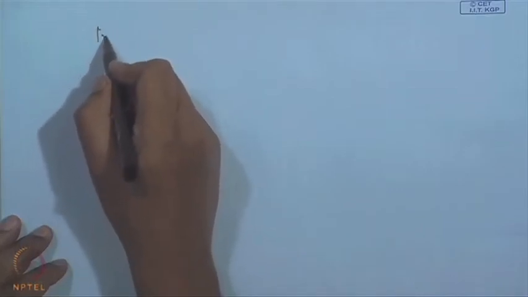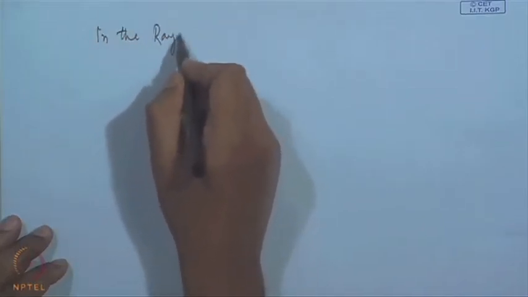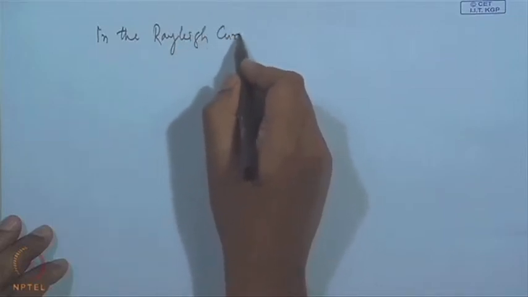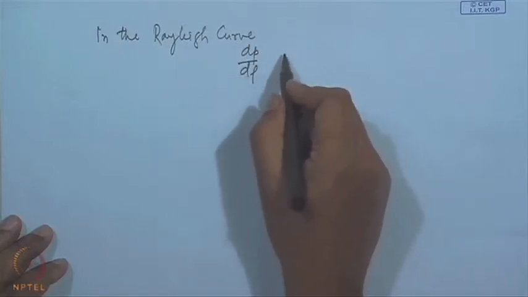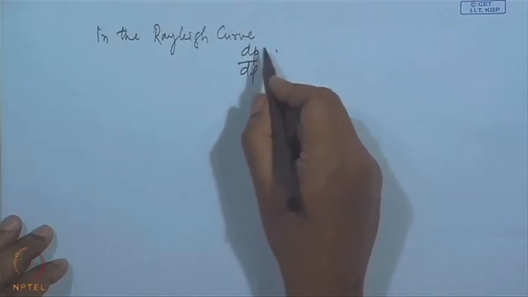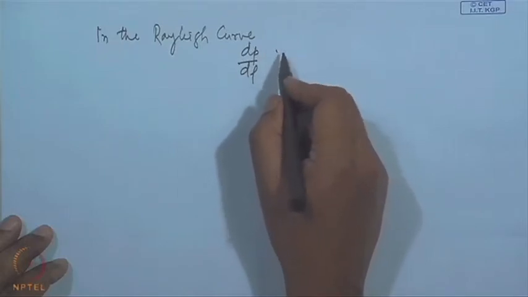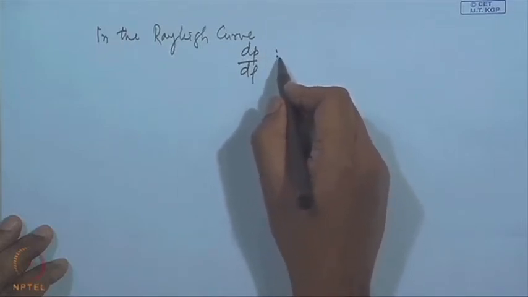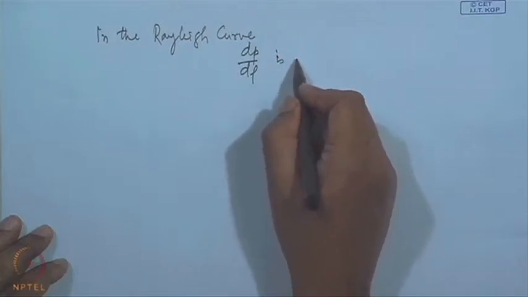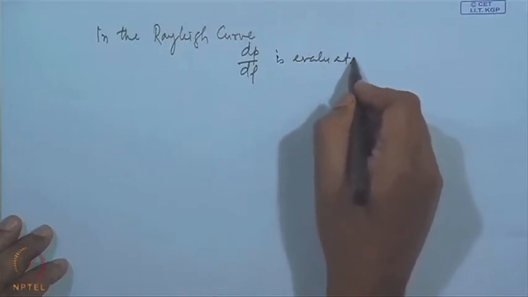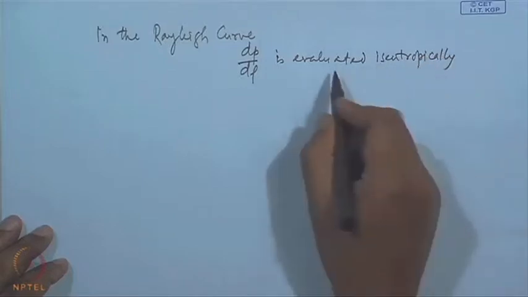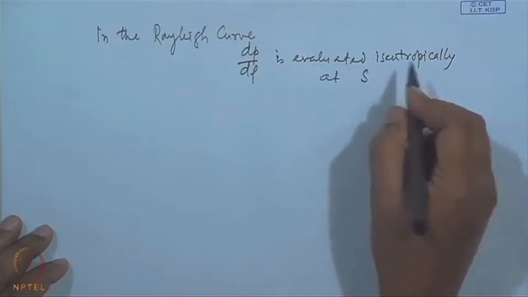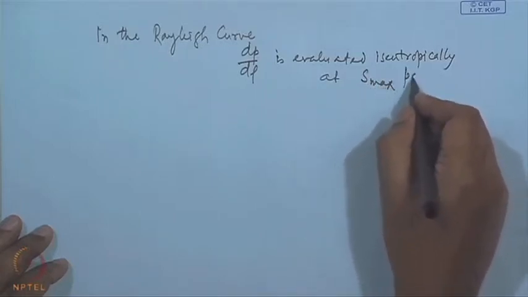So, in the Rayleigh curve, dp d rho is evaluated isentropically at S max point.